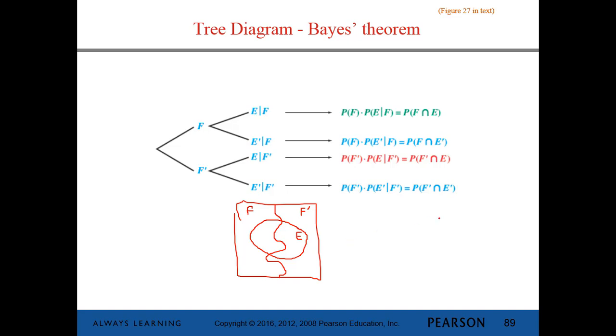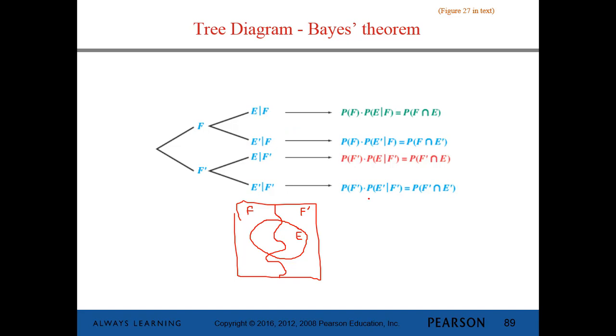So this is the probability of F and E. By definition of conditional probability, we've got all of these, so the conditions give this region, and this region, and this region, and this region. This is the idea of using this tree diagram to set up Bayes' theorem.